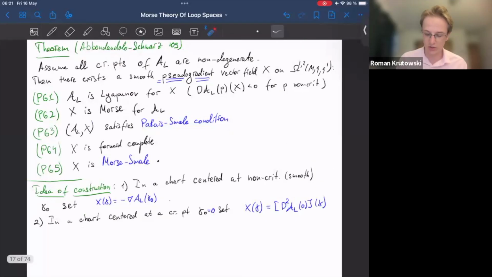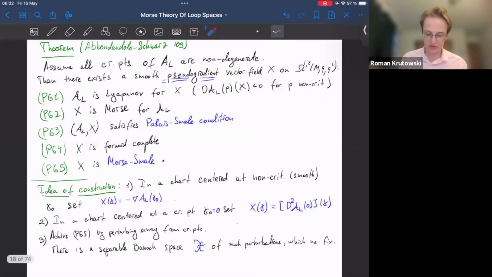In the charts centered at a critical point, you set it to be equal to the second Gateaux differential evaluated at the center, and then you evaluate it on your gamma regarded as a tangent vector at 0. So although a function may not be C2, its second Gateaux differential is still well defined. And well, again, because we pick it centered at 0, this thing is kind of smooth in the chart.